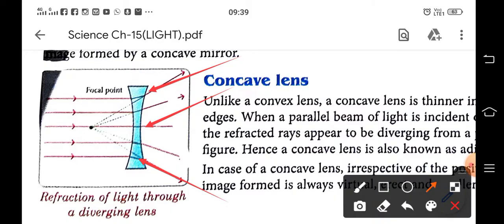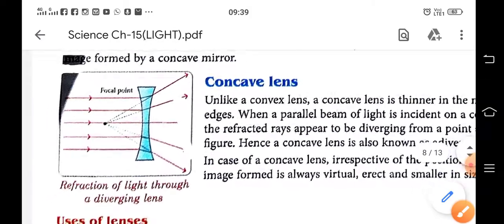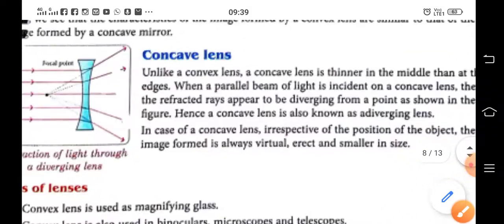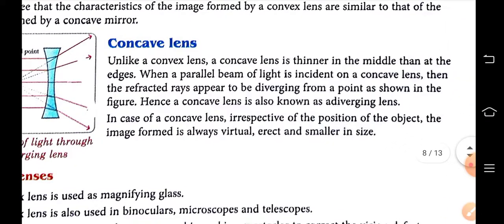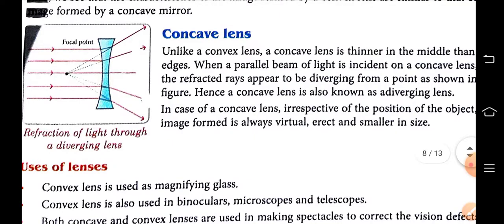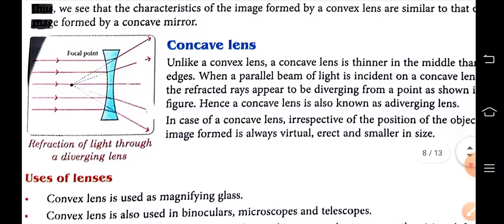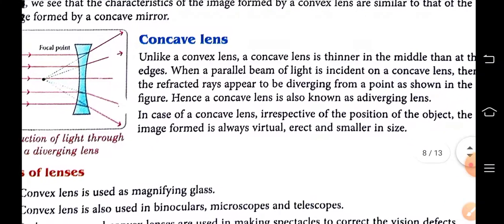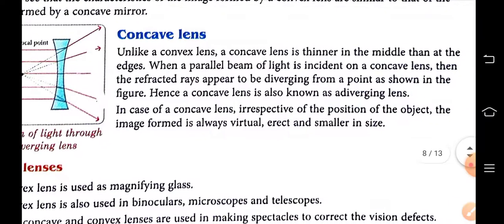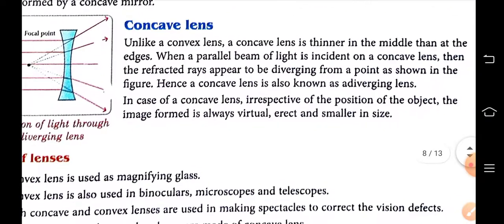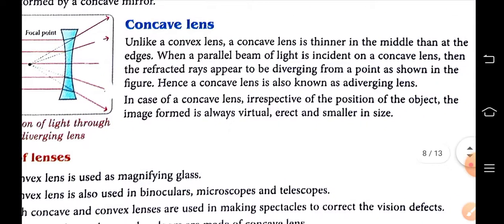And another difference is when a parallel beam of light is incident on a concave lens, then the refracted rays appear to diverge. They get diverged in different directions and hence it is known as diverging lens.